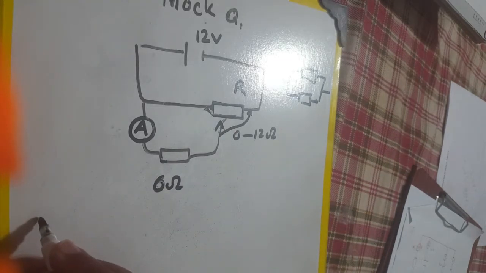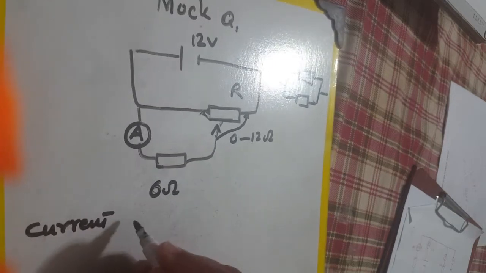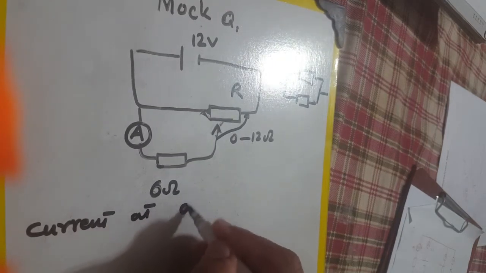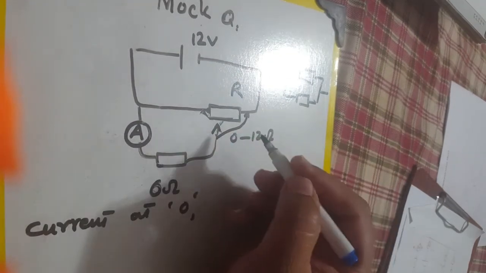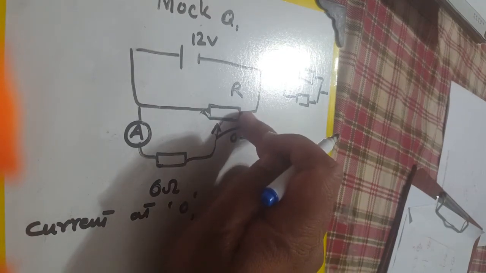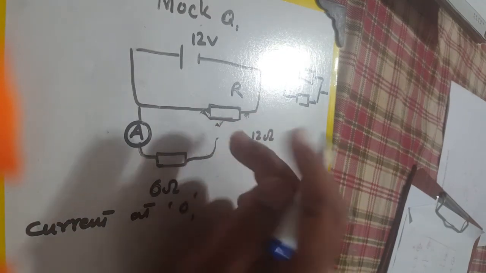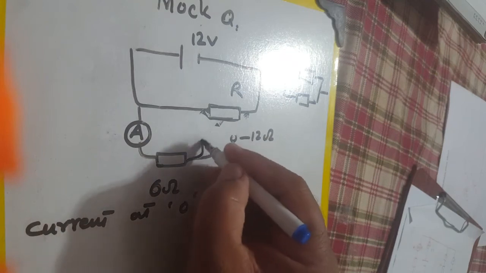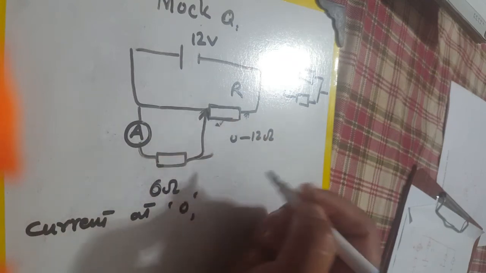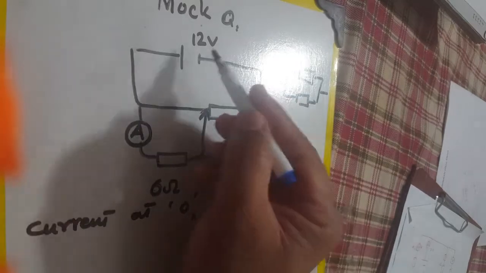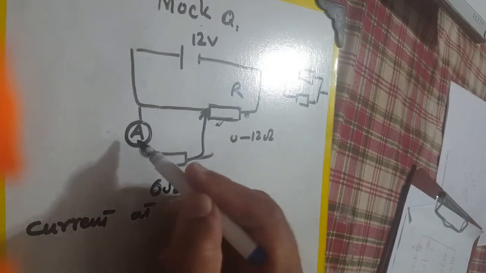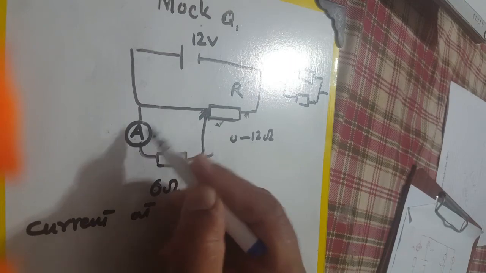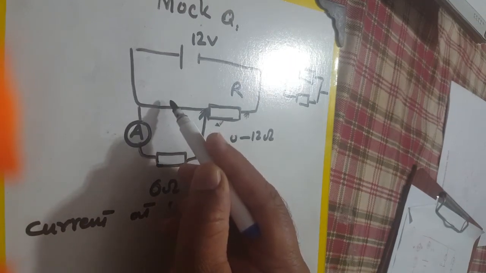For current at 0, when this movable contact is in here, let me draw the picture. Here is the movable contact. There is a 12-volt battery, so this is a parallel combination now. 12 volts are here, 12 volts are here.